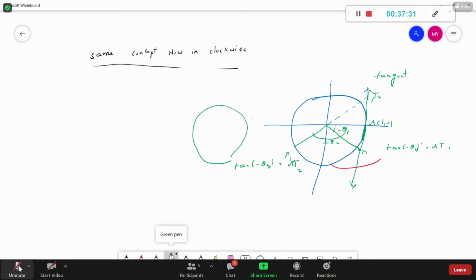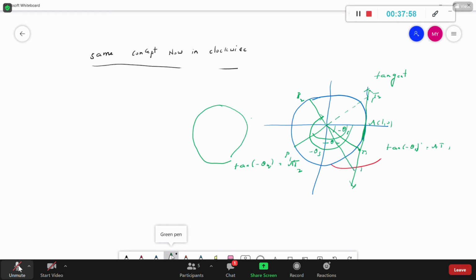If I rotate through an angle minus theta 3, this is minus theta 3, say point P2. If I want to make this ray meet the tangent, I need to extend this line backwards.